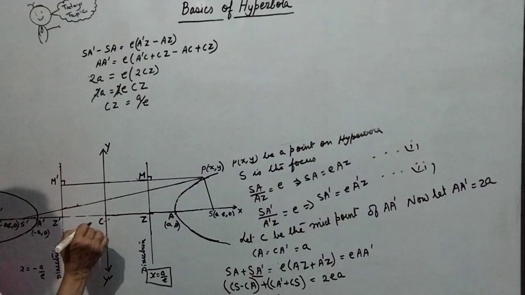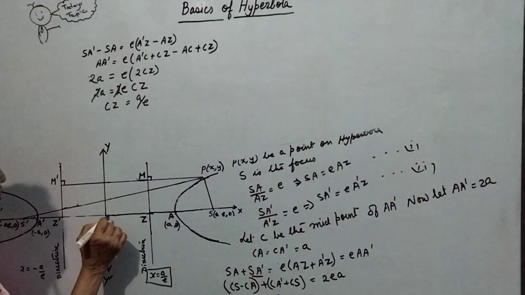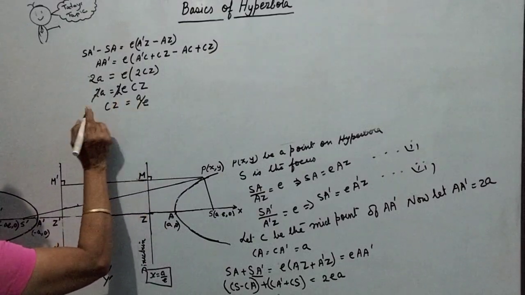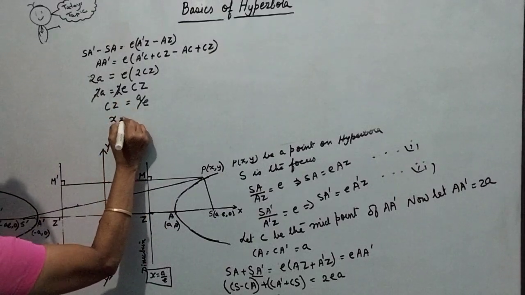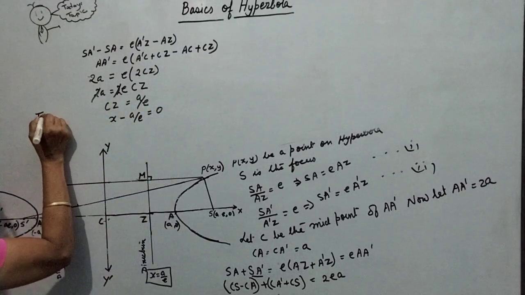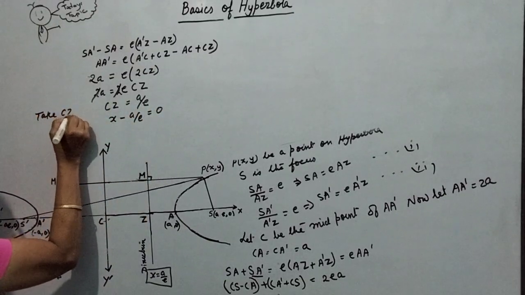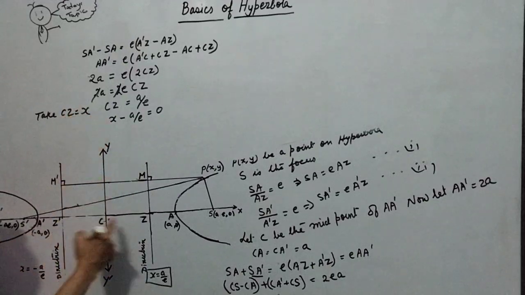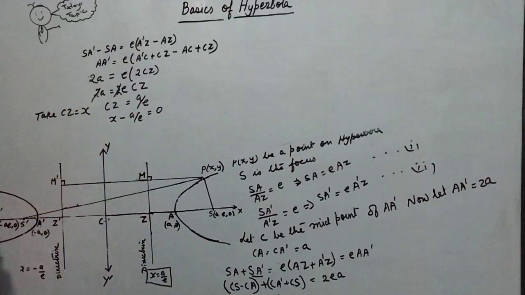We have taken C as the center. So CZ, the value of X minus A by E is equal to 0. Take CZ is equal to X. So X minus A by E is equal to 0.